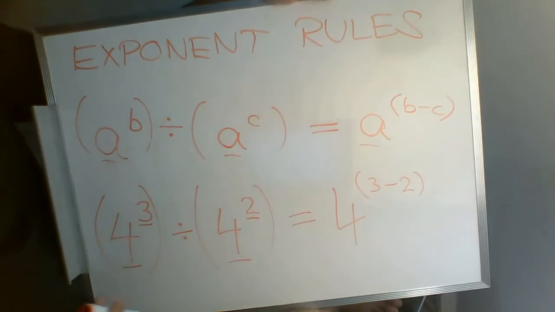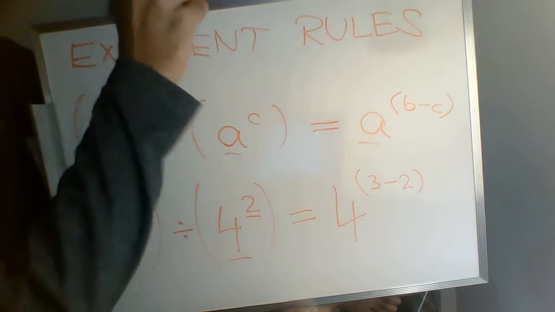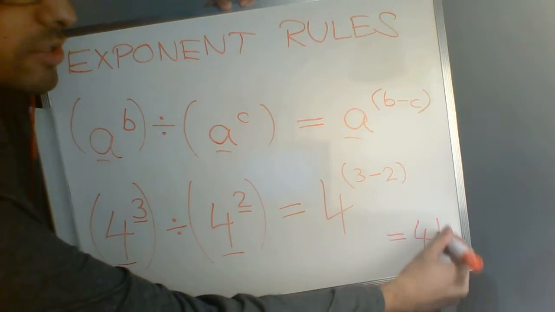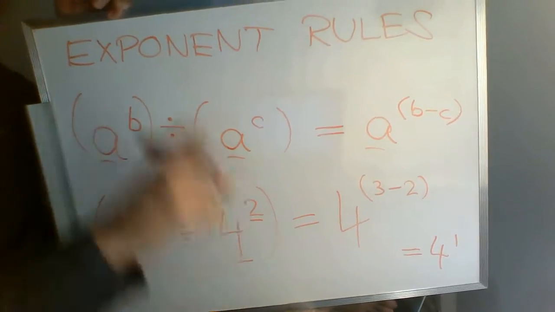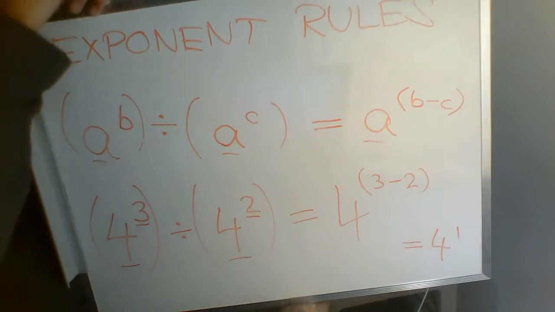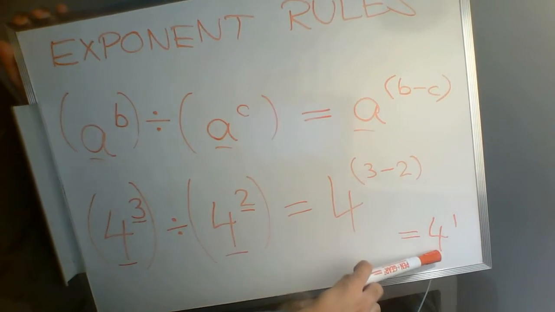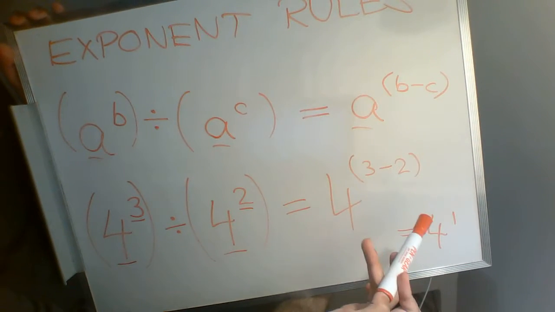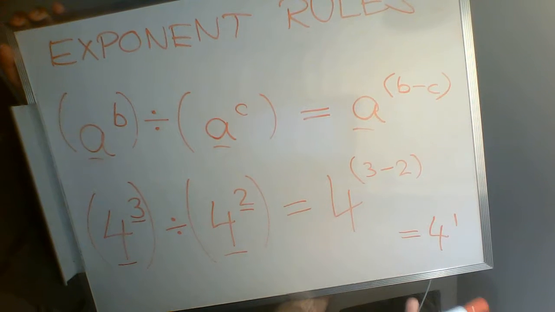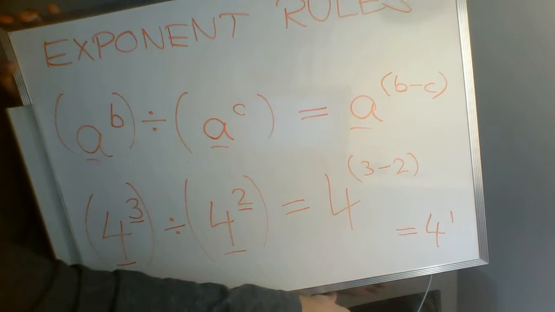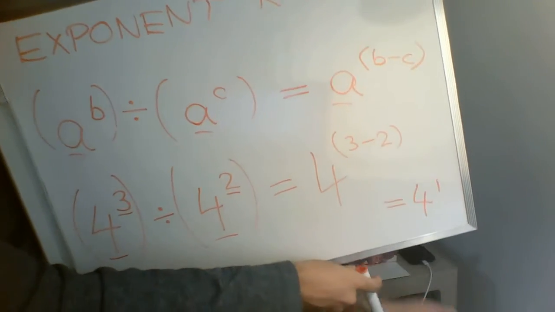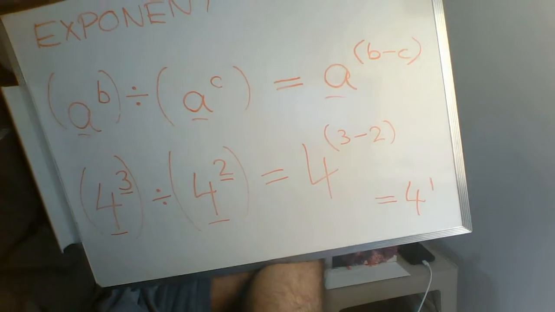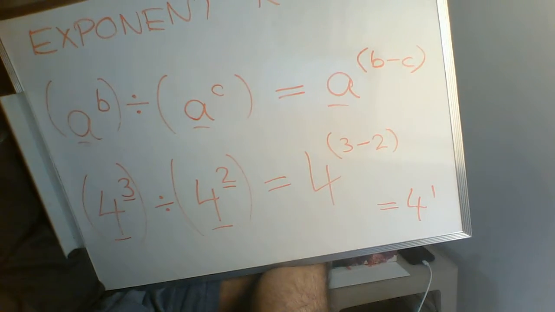And so then if you simplify that exponent down, 3 minus 2, well, that's just 1, so that's 4 to the exponent 1, and that answer is actually just going to be 4, because that means you're taking the number 4 and you write it down one time. Well, if you only write it down one time, there's nothing for you to multiply it with, right? So you're not going to be doing 4 times anything, it's just going to be the number 4. So any number to the exponent 1 is just that number itself.